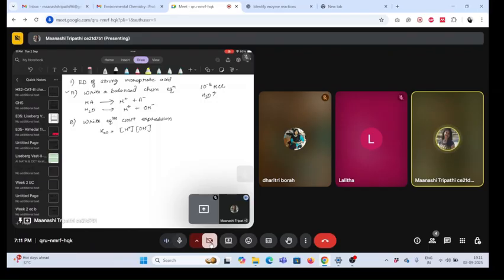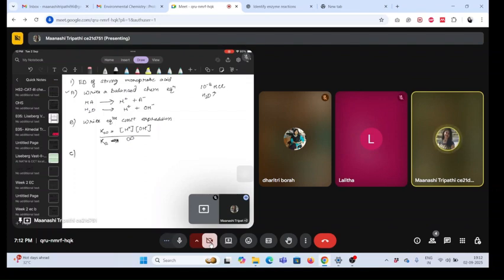Here, if we do it for weak monoprotic acid, then the Ka equation will also come. But this is a strong acid, so Ka tends to infinity. That is why that is not considered. Everything is ionized. So in the case of strong monoprotic acids, only Kw is considered, Ka is not considered.